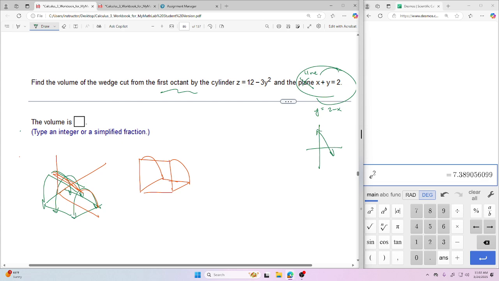But in 3D, this is my origin right here, and it's kind of like a vertical plane, right? That's slicing it. I'm slicing it straight up and down like this. Now, exactly where they collide and all that stuff, I'm not exactly sure. But how do I graph this now?